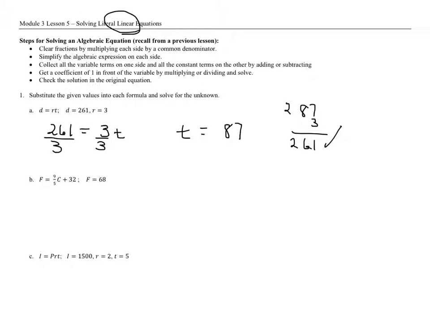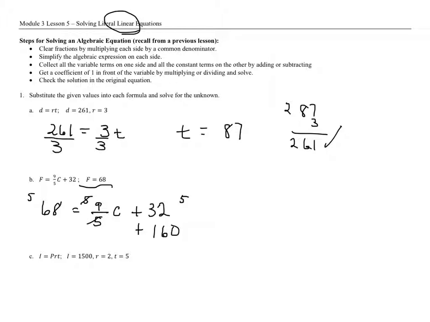Now let's do b. If f is equal to 68, we need to find c. This is actually the conversion from Celsius to Fahrenheit. The first thing we can do is clear the fraction first. We can multiply everything by 5, because that might be helpful. So 32 times 5 is 160.